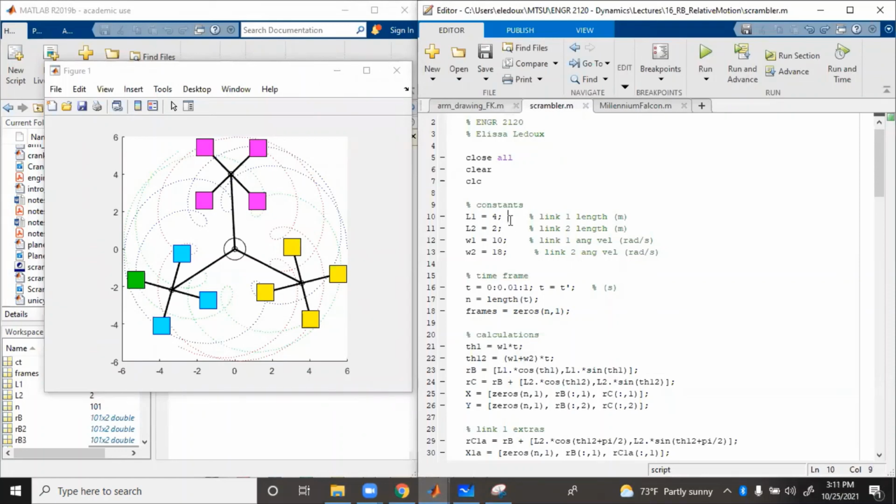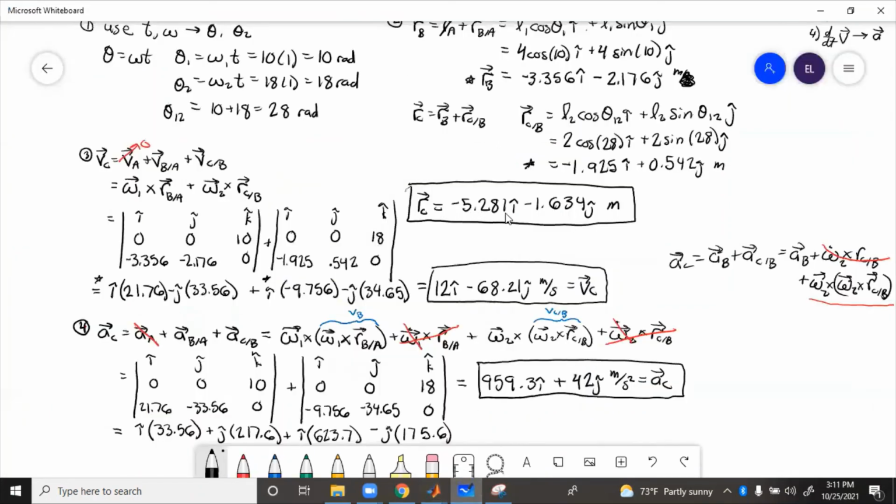And then I have put in the link lengths and the speeds. It looks like here, the green car is at negative 5.281, negative 1.634. Let's go back and do a reality check and see if that matches the answer that we figured out for RC. Negative 5.281, negative 1.634. So it passes the reality check. Looks like the problem is correct.